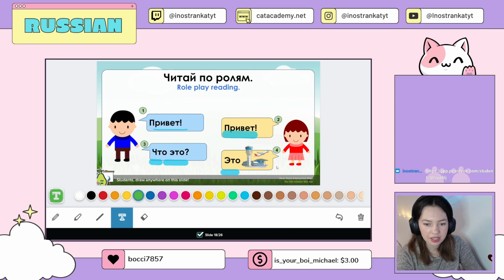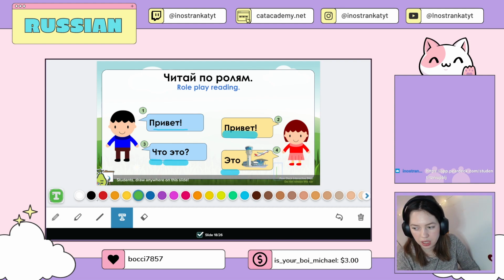Аэропорт. So if you have a pen, you're also in Pear Deck with me, so you can try to write the word. If you don't have the keyboard with Russian letters, you can just use the pencil tool to draw. If you do have the Russian keyboard, you can write with me.